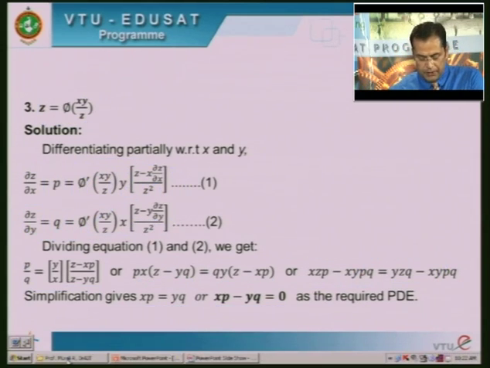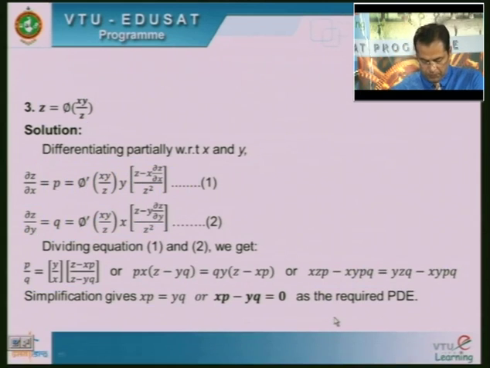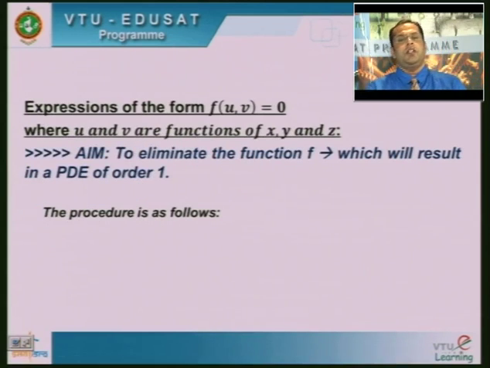Now, these examples related to the expressions of the form u equal to f of v. Now, let us look into the examples where the given expression is in the form f of u comma v equal to 0, where f is the arbitrary function and u and v are functions of x, y and z.